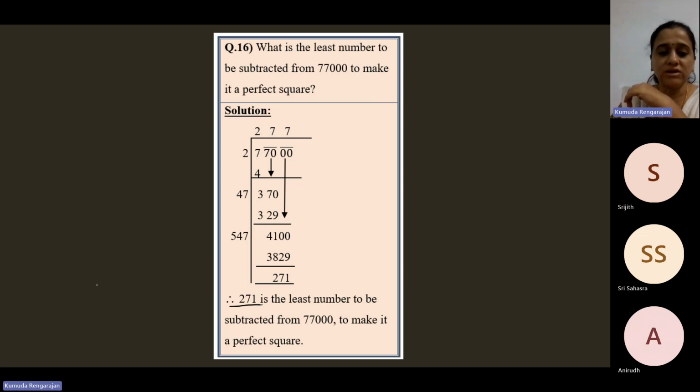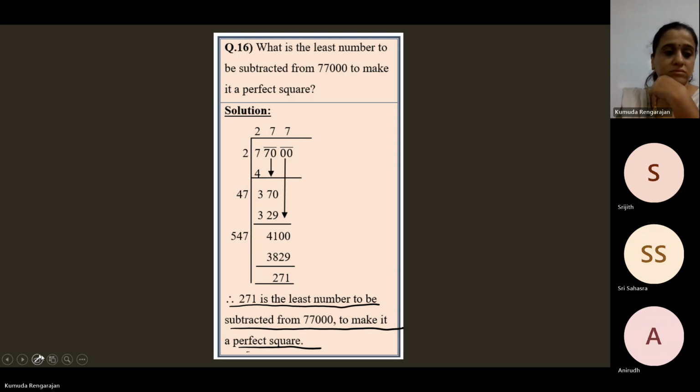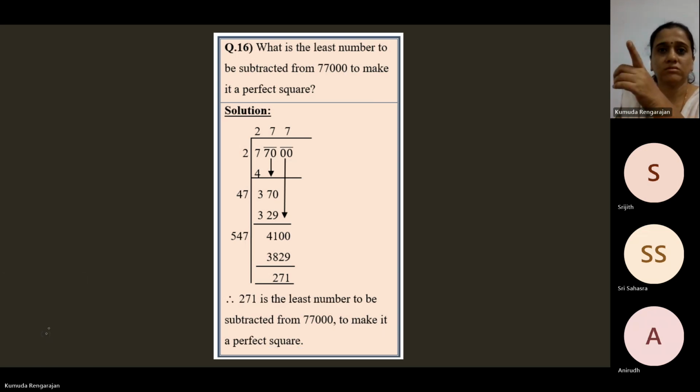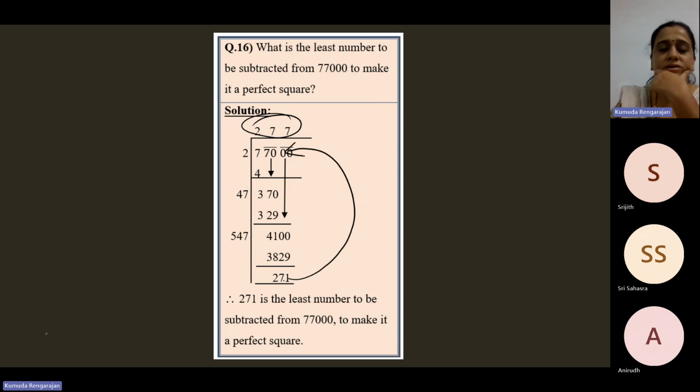So you have to complete your answer like this. Therefore, 271 is the least number to be subtracted from this one. Because when you subtract the remainder, the new number is a perfect square and the square root has to be 277.